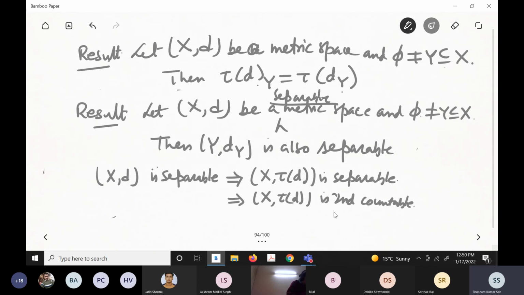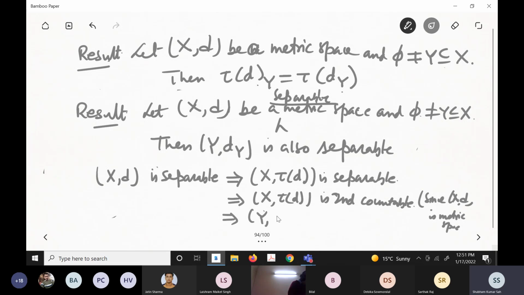You should understand that since X is a metric space, it is second countable. But every subspace of a second countable space is second countable.